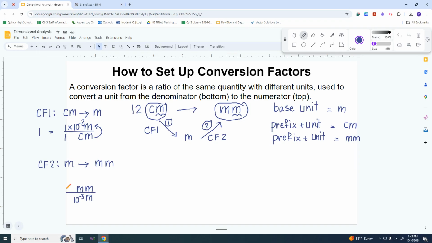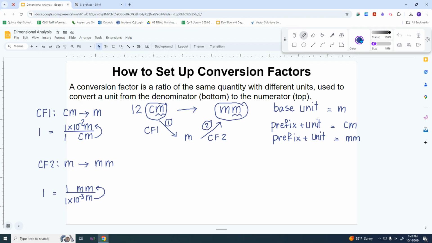And just to beautify it, to make it pretty, 1 millimeter, 1 times 10 to the negative 3. So this conversion factor will convert from meter to millimeter, and it's the ratio of the same quantity, meter, milli, 10 to the negative 3, so that's going to equal 1.